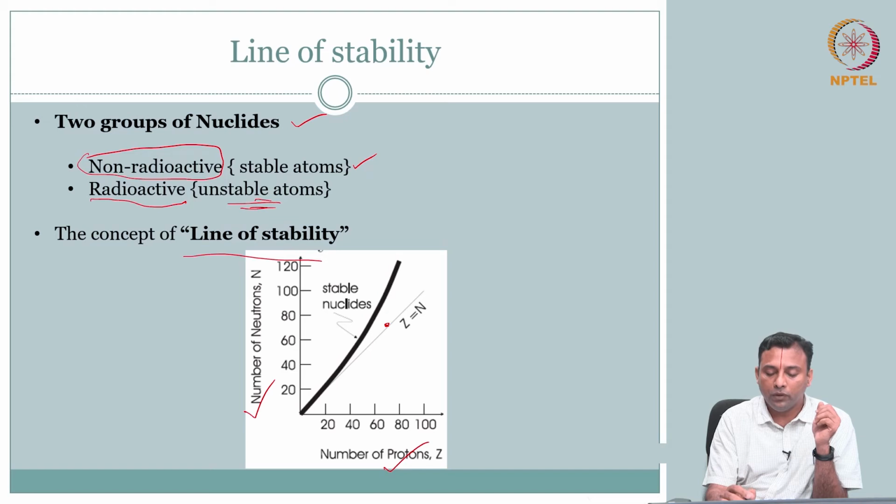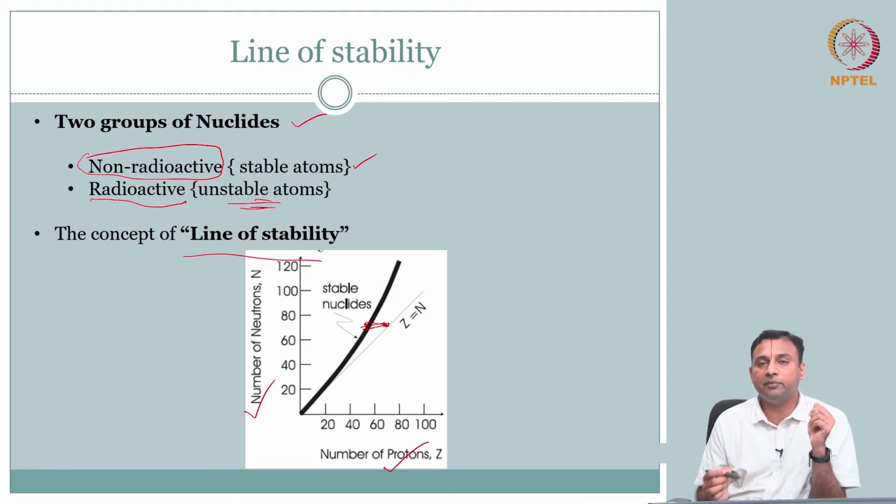I may want to convert some protons, rearranging so that I get to this line and become stable. So I have to increase the neutrons and decrease the protons to reach this line.